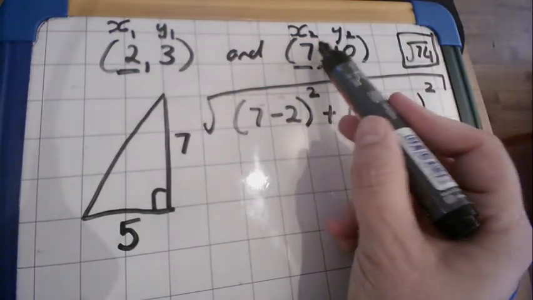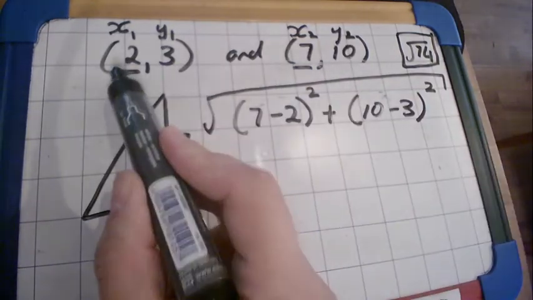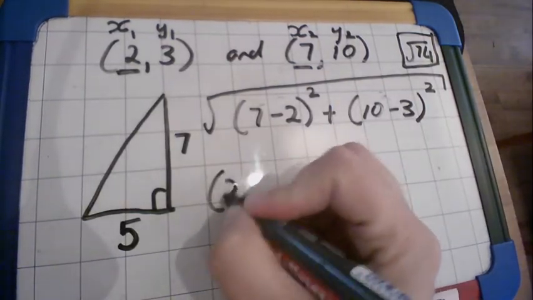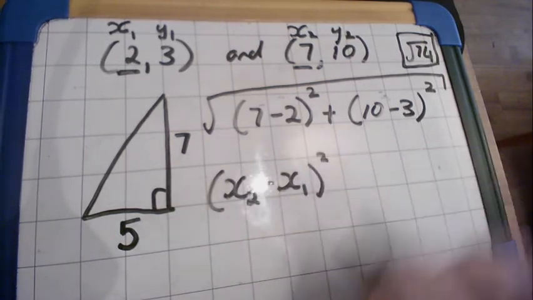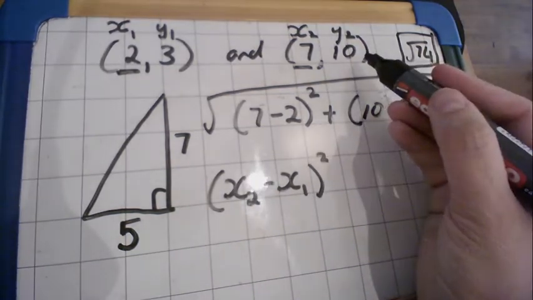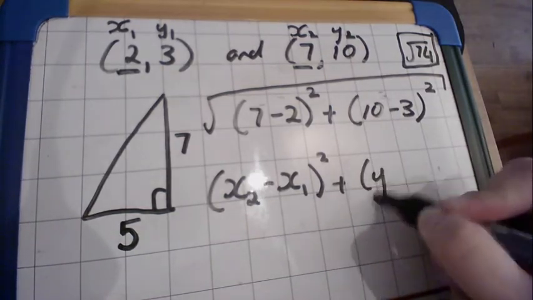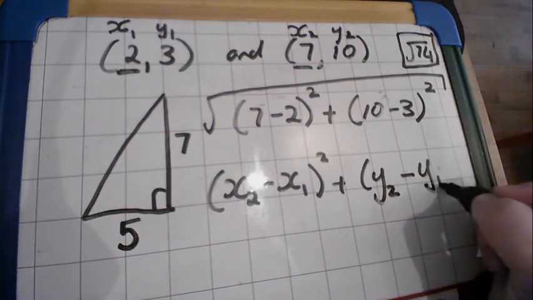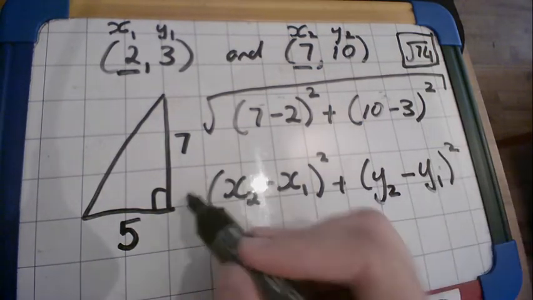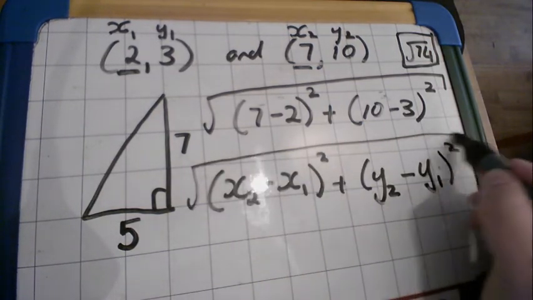I took the second x value and subtracted the first x value. So I did x2 minus x1 and squared it. I then took my second y value, which I'm calling y2, and I'm subtracting my first y value, y1, and I'm squaring it. And then I am square rooting the answer.